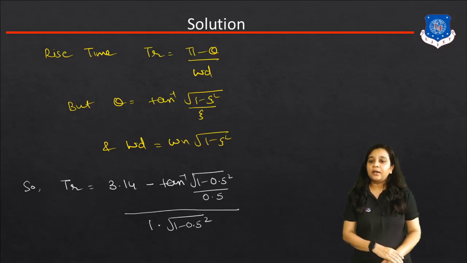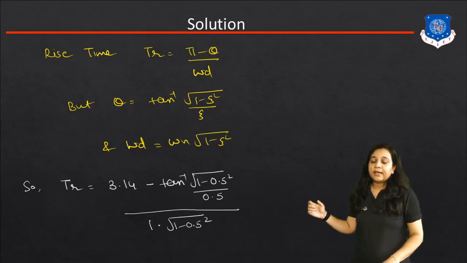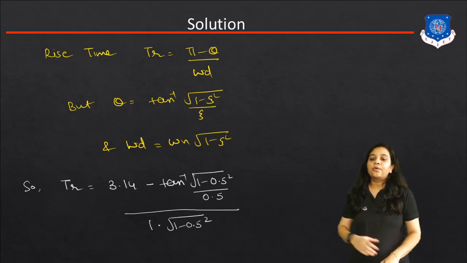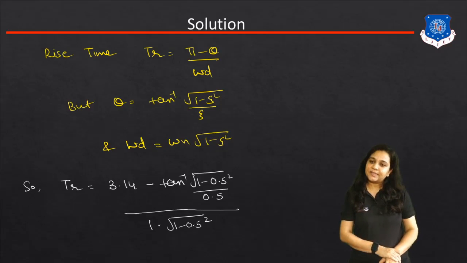In the denominator we get ωd = ωn√(1 − 0.5²), where ωn = 1. Okay, we have to calculate this value.